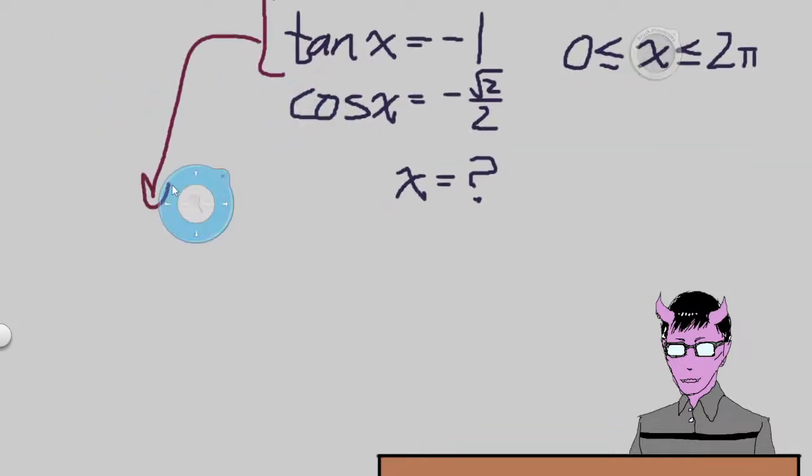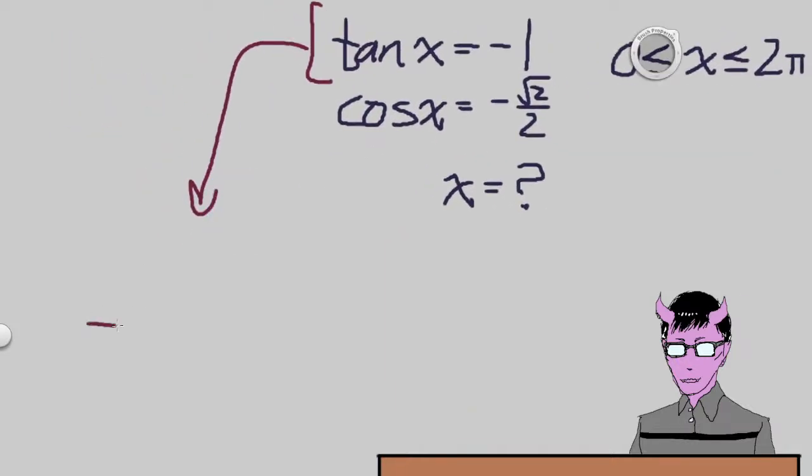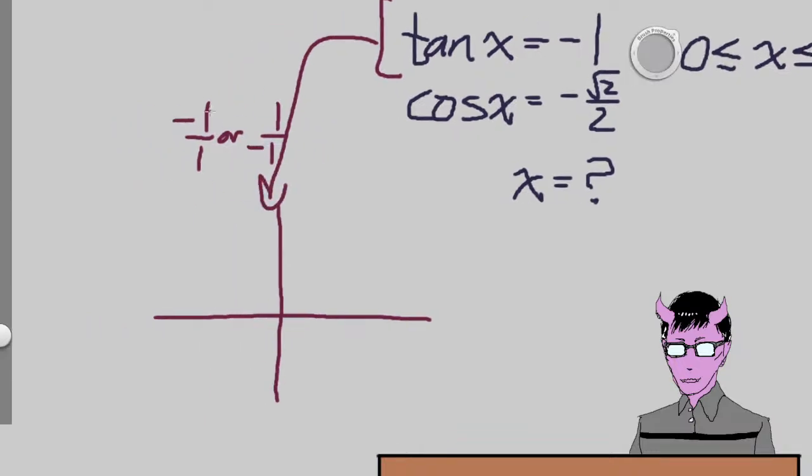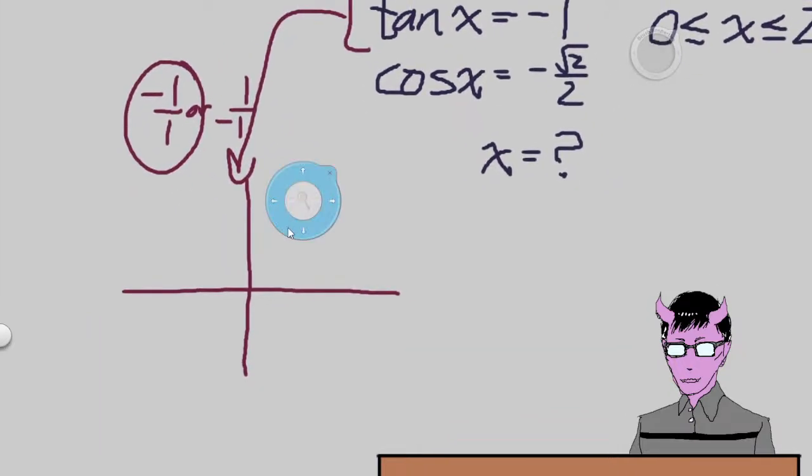So that's going to take us to possible scenarios, like where are the reference triangles possibly. So -1, we can change it deliberately into -1 over +1, or +1 over -1. Where does that one end up? It ends up being negative opposite over +1 adjacent.